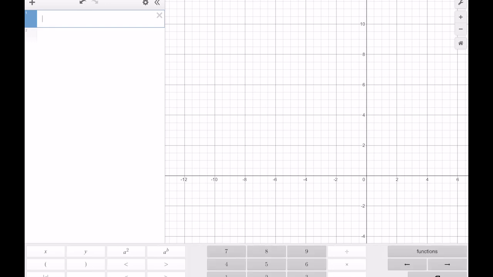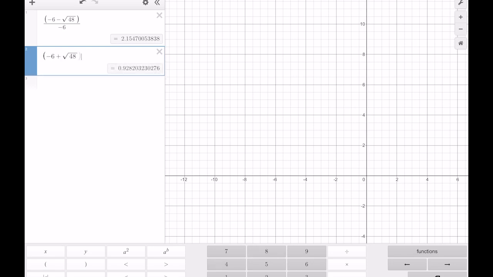So we're going to have parentheses, -6 minus the square root of 48, okay? And then I'm going to divide all of that by -6. So one of my x-intercepts is 2.15. For my other one, I'm going to do the same thing, except I'm going to have -6 plus the square root of 48 divided by -6.